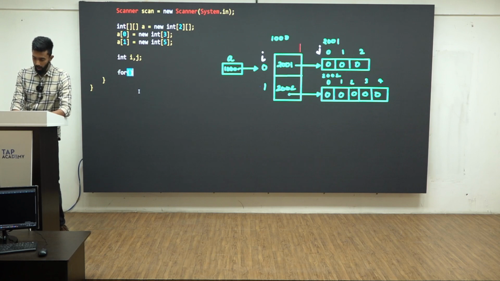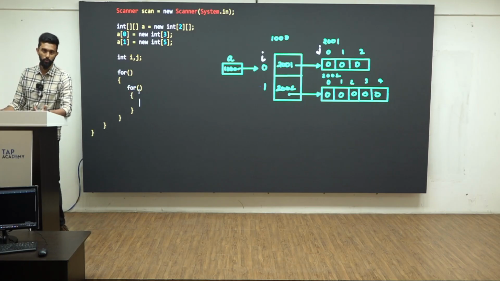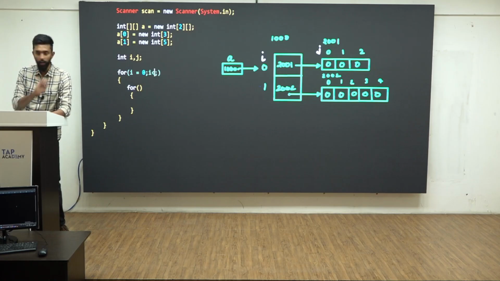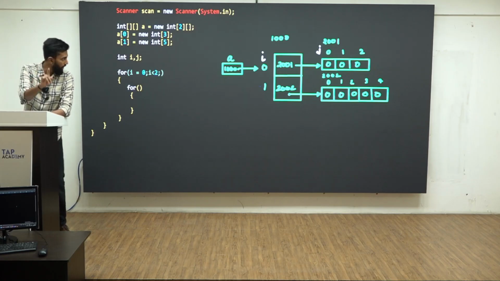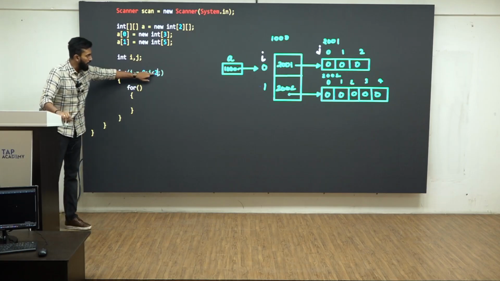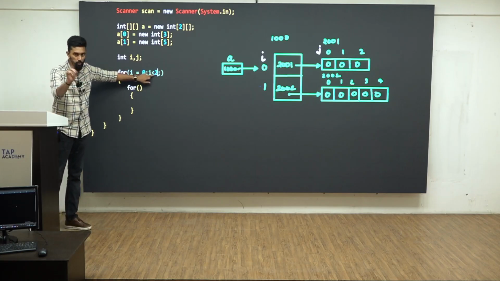Next. Two-dimensional array means two loops. One loop for classroom. Inside classroom, one loop for students. Same thing only. Now watch it here and try to understand. Here I will tell, where should I start from? 0. Next, maximum till where should I go? Less than 2 you may say. But I have always told you this is called hard coding, not good.